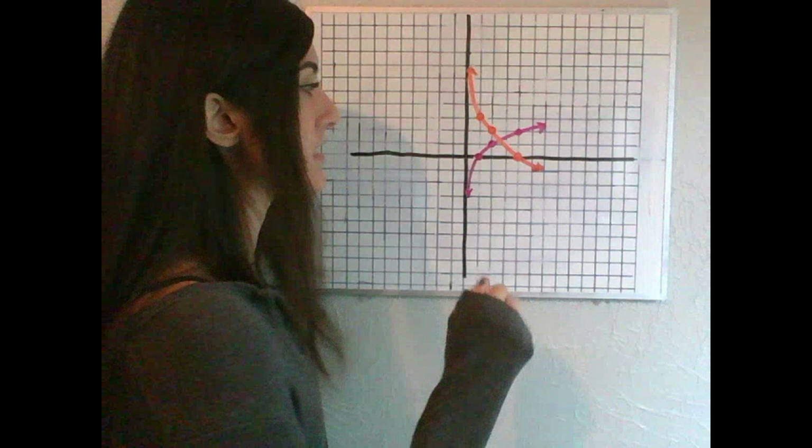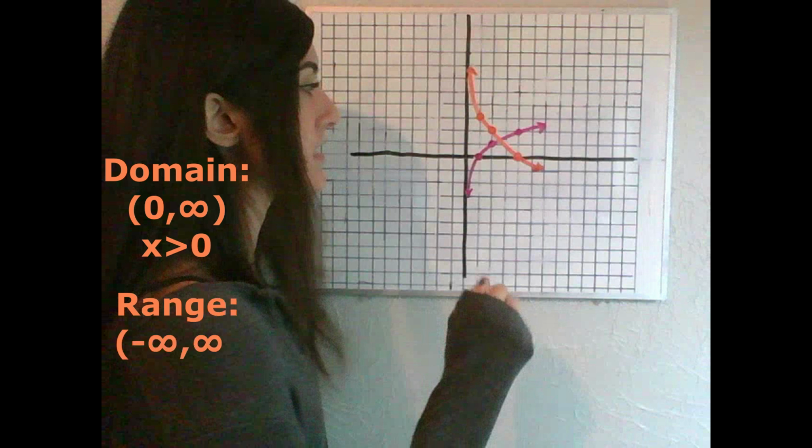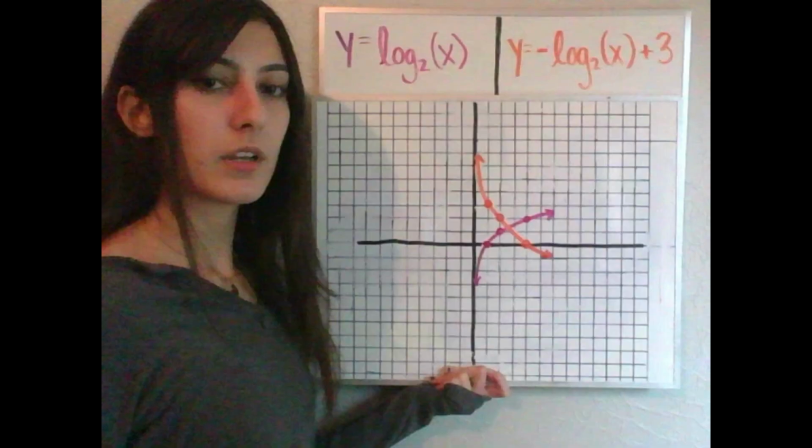Whenever we're looking at the second function that we graphed in orange here, negative log base 2 of x plus 3, my domain is also going to start at 0 and go on to infinity, and my range is also still all real numbers. So the domain and range are actually the same for these two graphs.